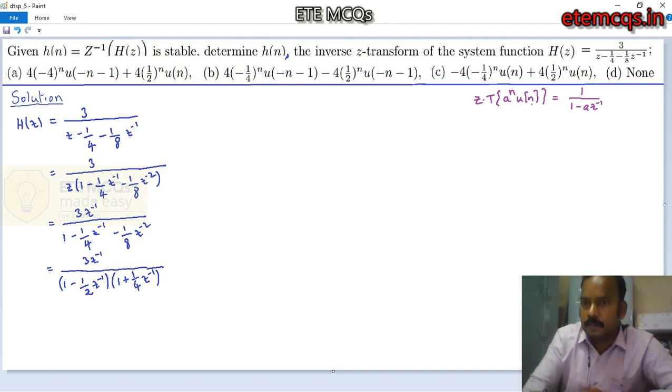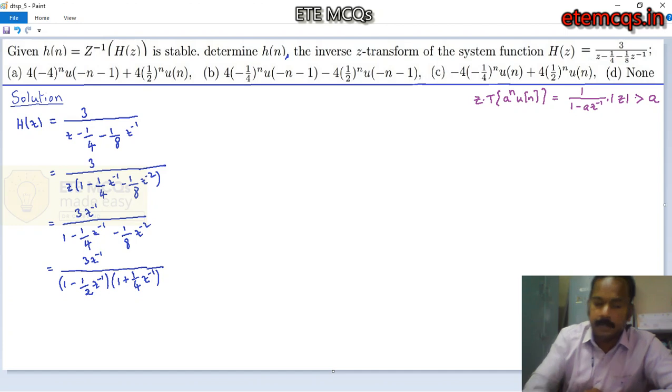This is the respective Z transformation of a power n into u of n, whose ROC is given by modulus of z, and since the pole happens to be a, you just put a here. And since the transformation corresponds to a right-sided sequence, put a greater than sign. If this happens to be a left-sided sequence, you should put a less than sign. This one corresponds to a right-sided sequence, so you put a greater than sign.